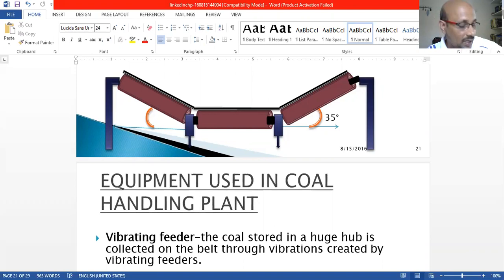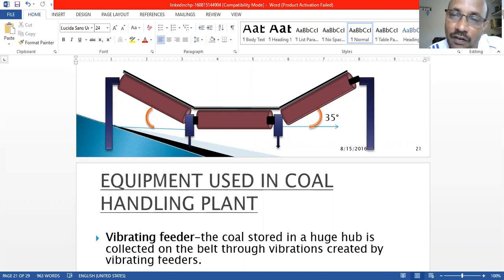Generally, in coal handling equipment, live storage will be there. This live storage consists of near about 1 day, 24 to 30 hours, or as per the requirements of the coal plant.